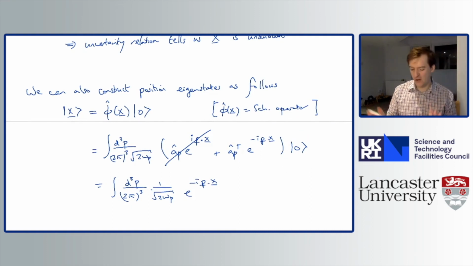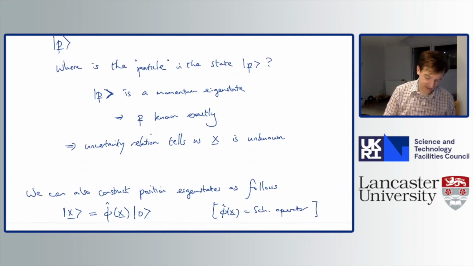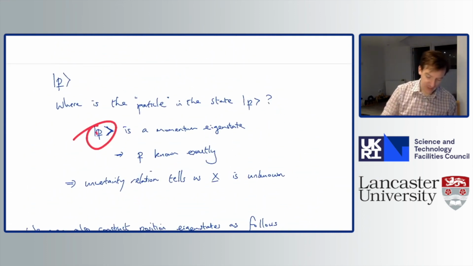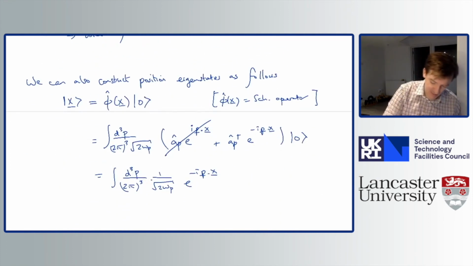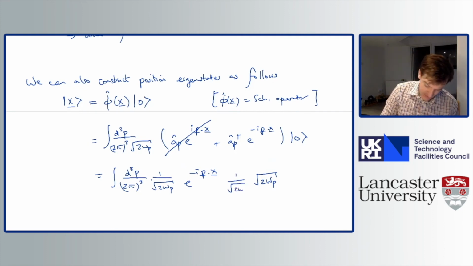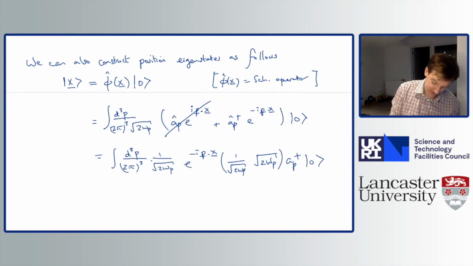So this is almost the momentum eigenstate that we were just talking about up here. We can make it into a momentum eigenstate by including an extra factor of 2 times the energy, and we also divide by it. Here I'm writing the energy as omega, but we could use E. I'm just adding in the number 1. Let's simplify this a little.